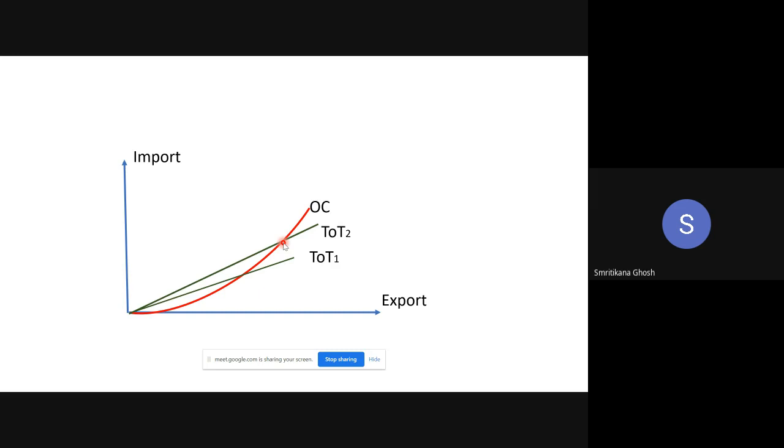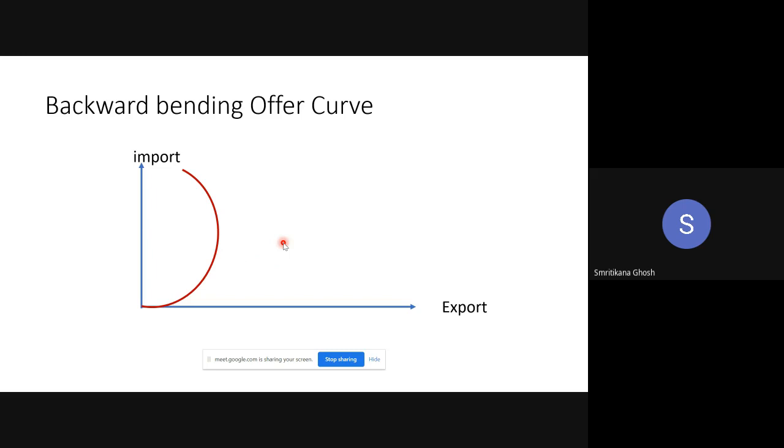Okay, now as I said, it is in general, so there is some exception. The exception is here. Offer curve may be backward bending. Backward bending means what? Your terms of trade is rising, but your export is falling. Import is rising, but your export is falling. If you draw the line like this, look.